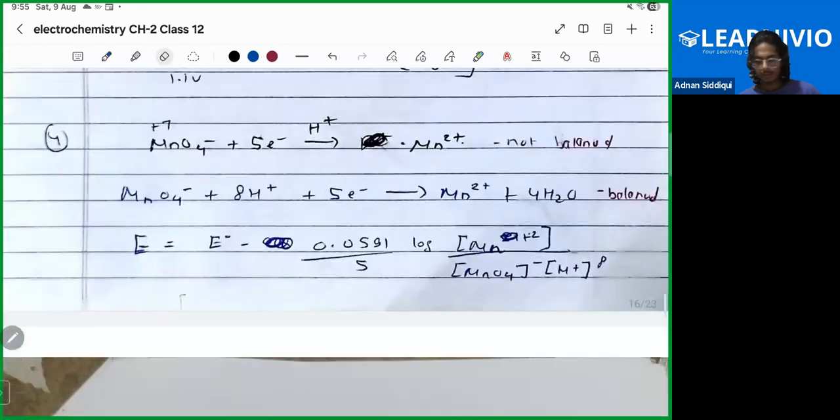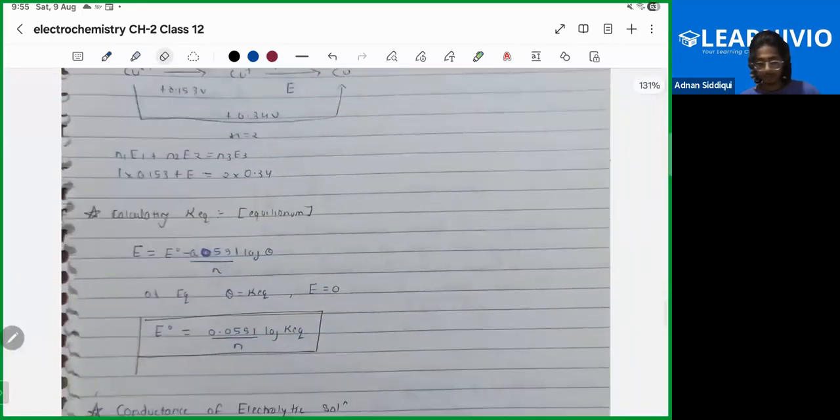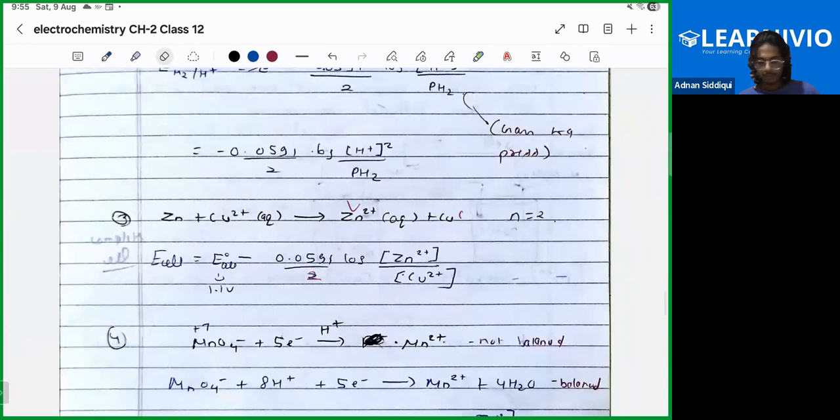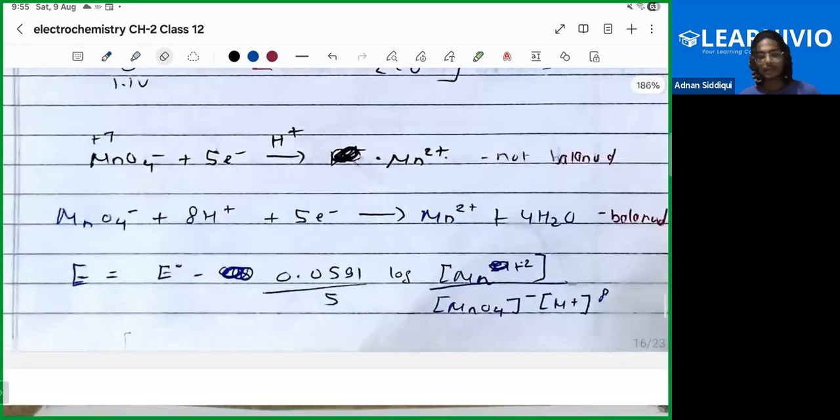Now let us take this last example, then I'm going to show you some questions. In this reaction, what are you observing? This Mn was in the +7 oxidation state. To calculate the oxidation state, how do we proceed? Let the metal whose oxidation state you want to find be X. For oxygen, each oxygen atom has a charge of -2. We have 4 oxygen atoms, and the overall charge is -1.